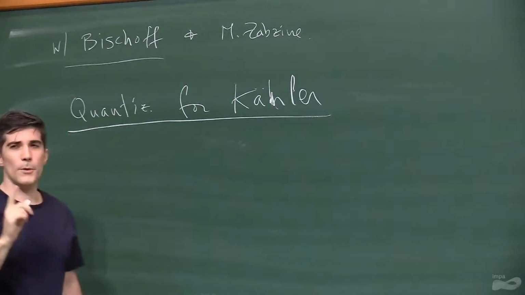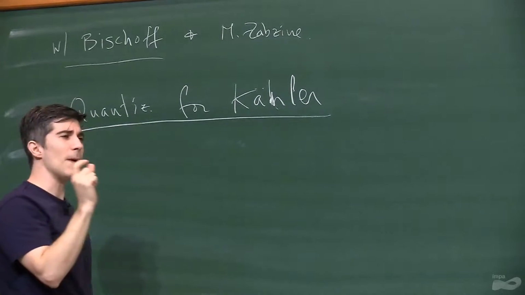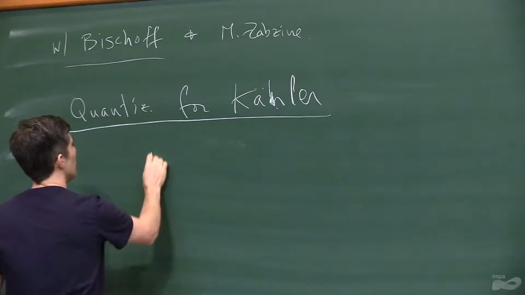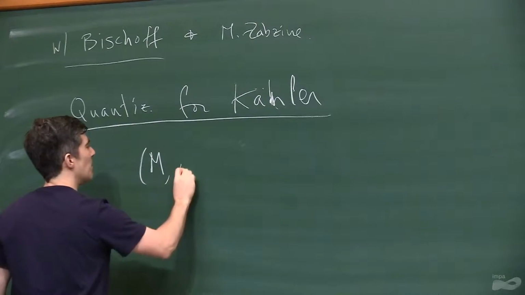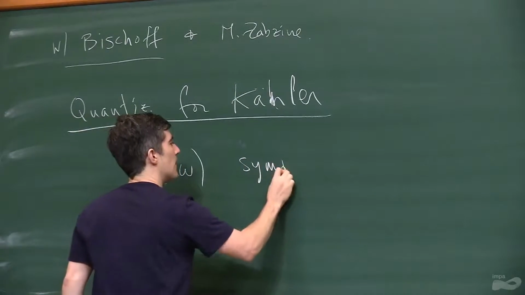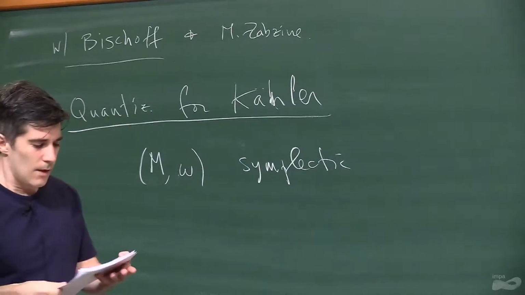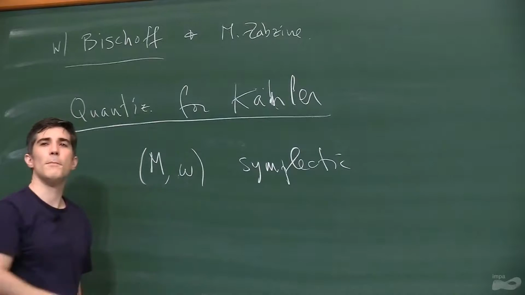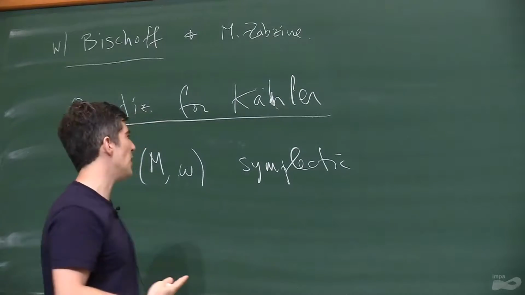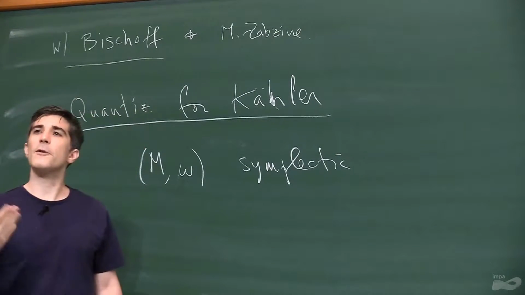Okay. So let me explain some aspect of the quantization of Kähler manifolds. So suppose that we have a symplectic manifold. Okay, so how do you quantize a symplectic manifold according to geometric quantization? What you want to do is produce a vector space out of it.